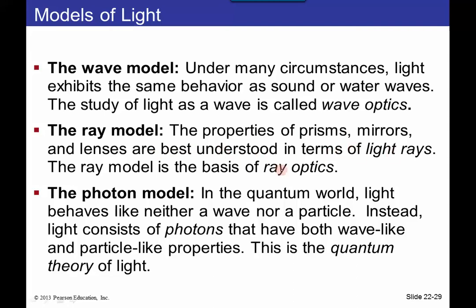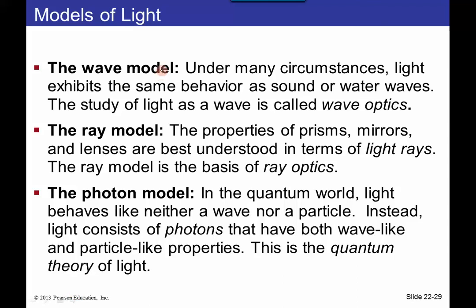The model that we use is ray optics. And finally, we have a photon model, which is the one that we use in quantum mechanics, in the quantum world. In that model, light is made of photons, which are particle-like and have particle-like properties.